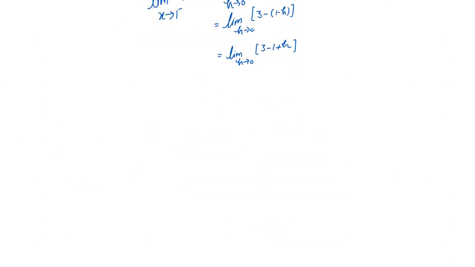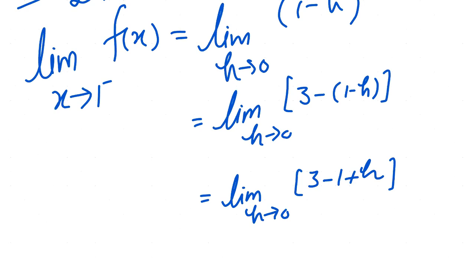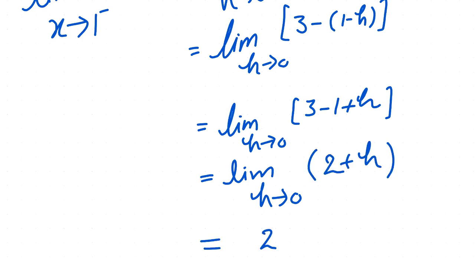Nothing else will change, only the sign of h will change in left and right. So we have limit h tends to 0, 3 minus 1 plus h. 3 minus 1 is 2, 2 plus h. Now let us put the value of h, that is 0. So LHL is 2.